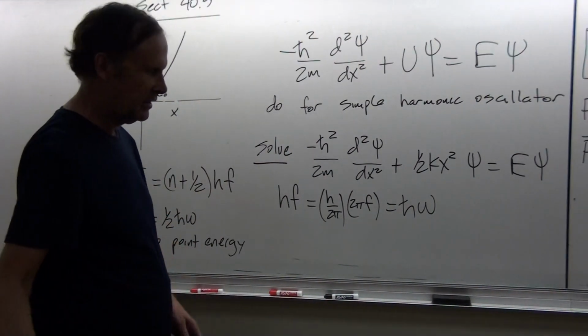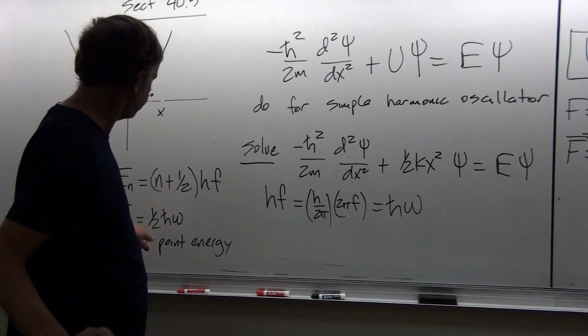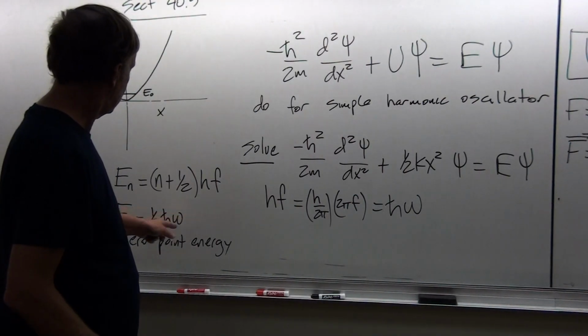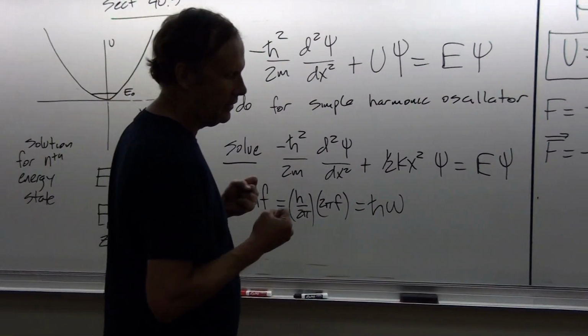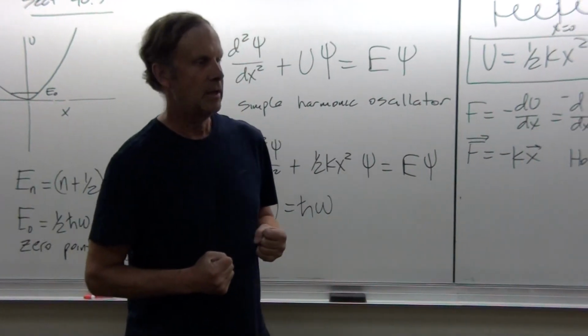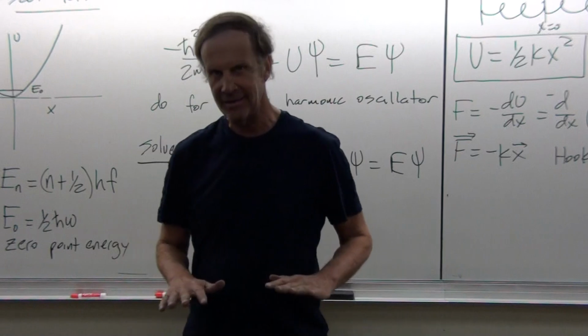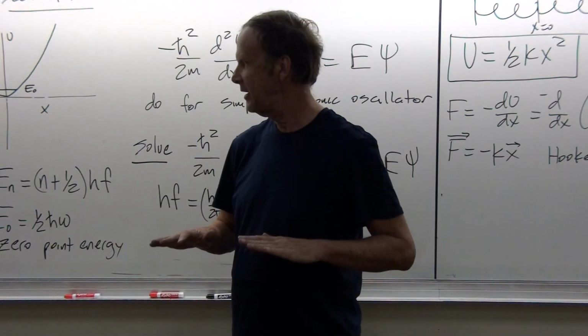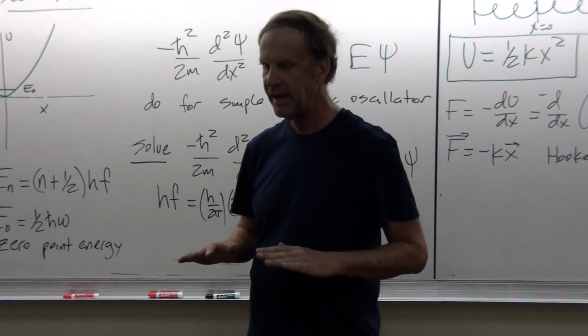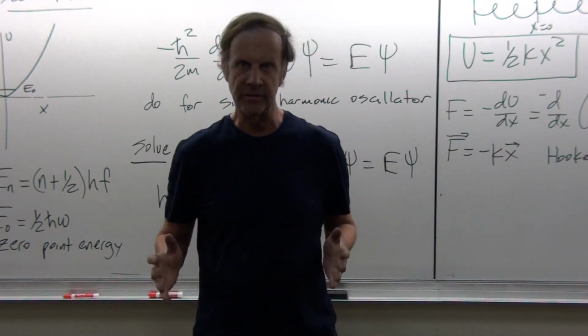and giving it an average energy that is on the order of 1/2 h bar omega. And so this is essentially a way of saying that the mass spring system has restless leg syndrome, and you can't settle it completely down to no motion at all, because if it had no motion at all, that would violate the uncertainty principle.